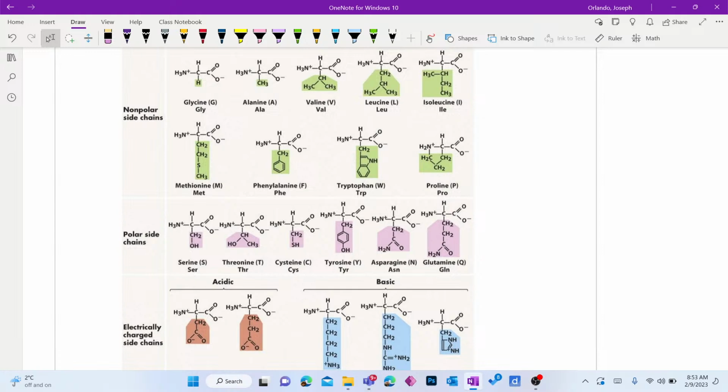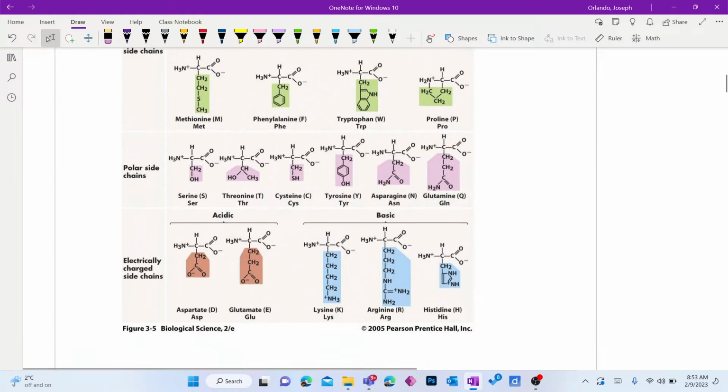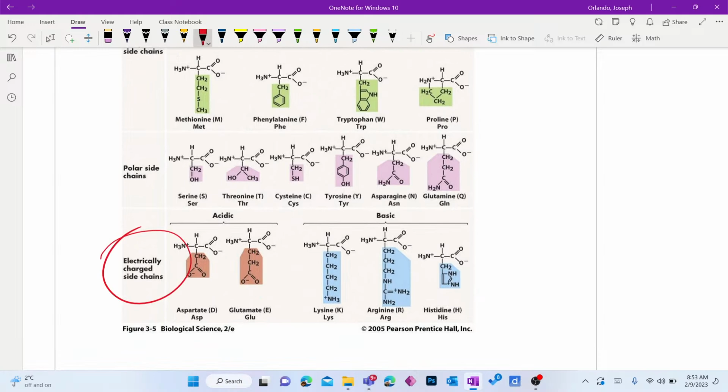These do it a little differently too, which we'll get to. It's different because they're coming from the same carbon, which is its own functional group called an amide. Don't worry about it. Don't need to know it. And then the last group actually have not only polarity, but they actually have full-on charges, either a positive charge or a negative charge.